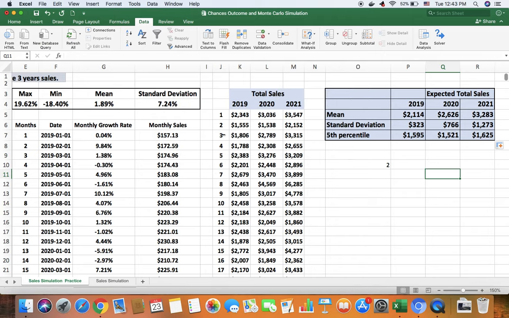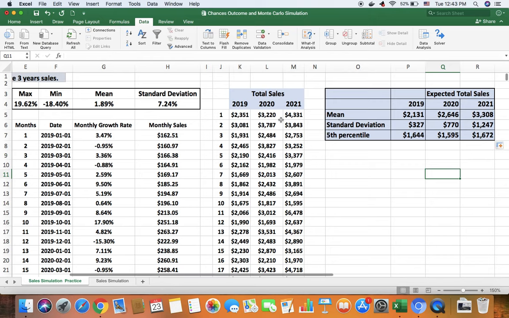Even though for every sample, every scenario, the numbers change when you press F9, the mean of the 1000 scenarios is pretty consistent.